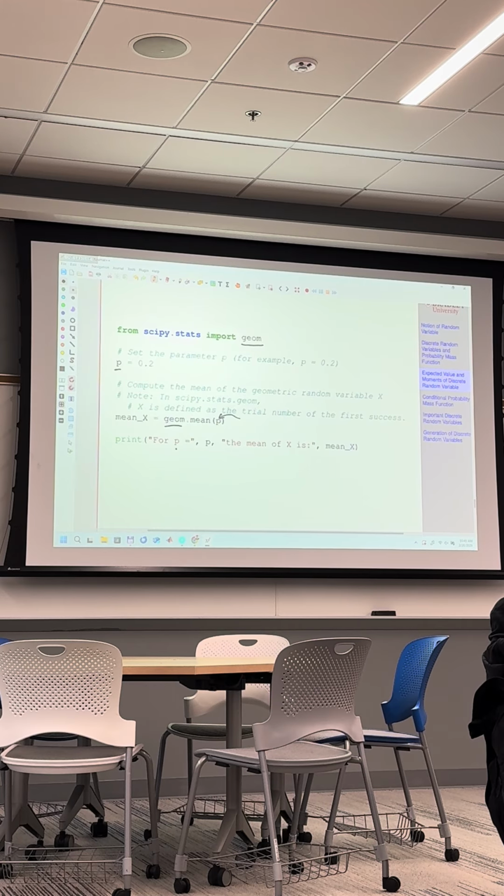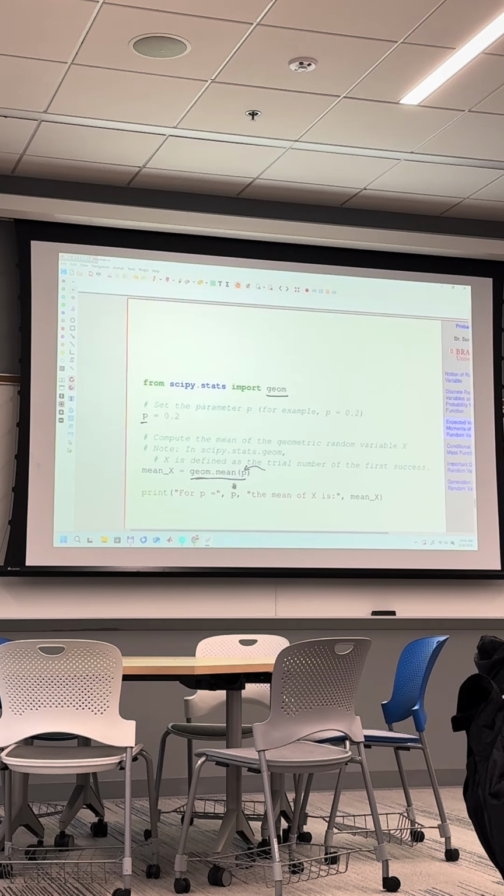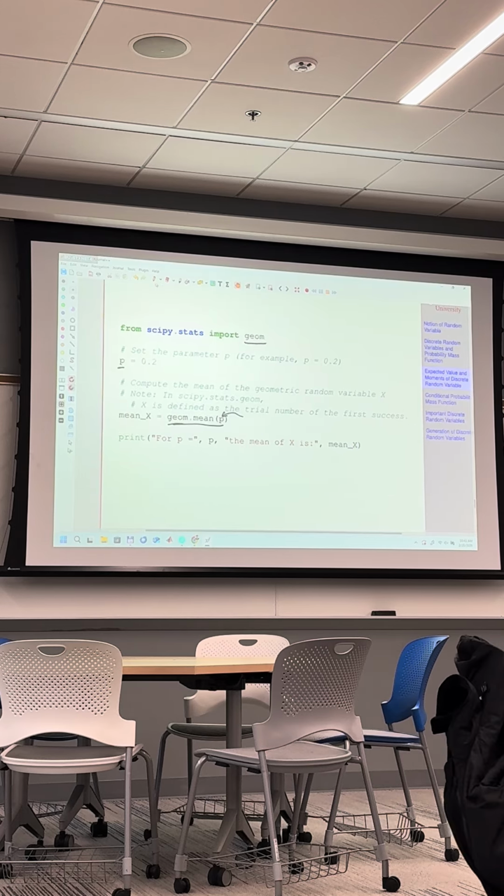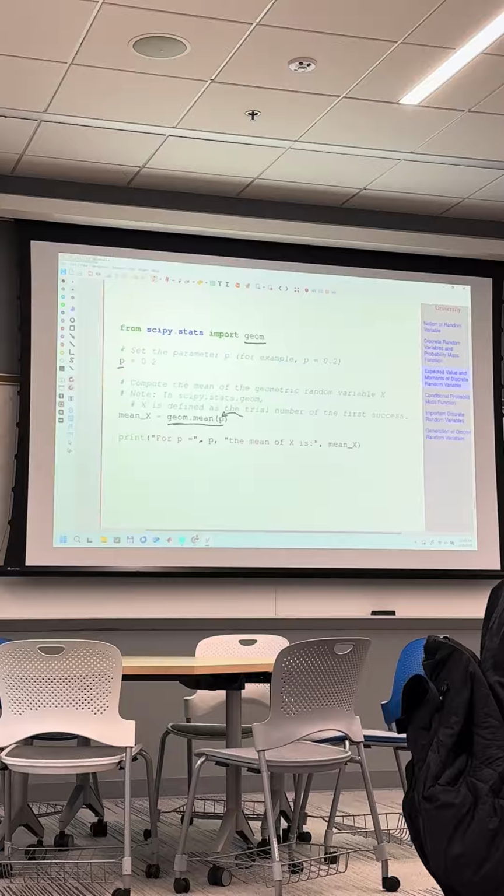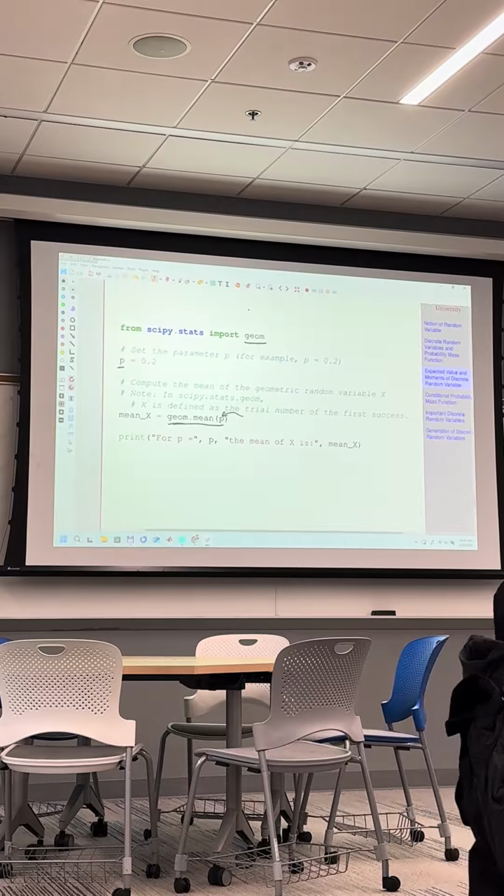Okay. So if you know that your random experiment consists of a geometric random variable, you can directly determine the mean using this package. You know what a geometric random variable is, you know what the mean is, you know the math behind it, you now have the background, you can directly utilize the technology to determine the mean.